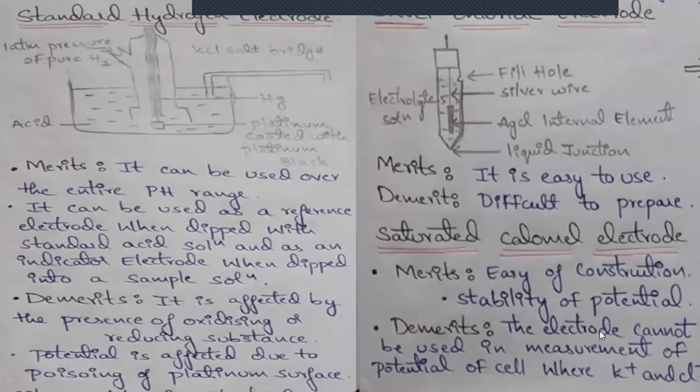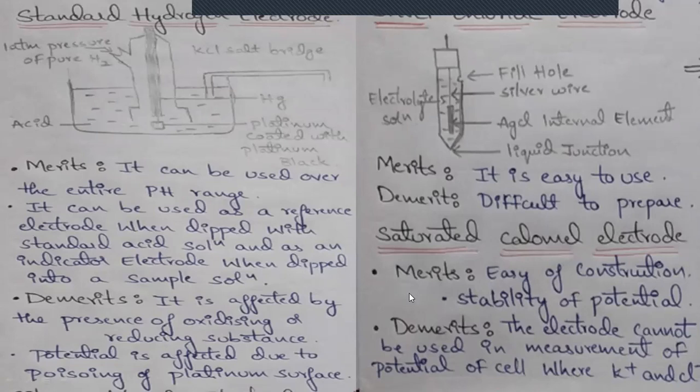So calomel itself cannot give the standard potential values. These potential values are also influenced by potassium chloride. Why? Because potassium chloride is there everywhere in the construction: in the jacket, in the sleeve, in the porous plug. So this is the only demerit.